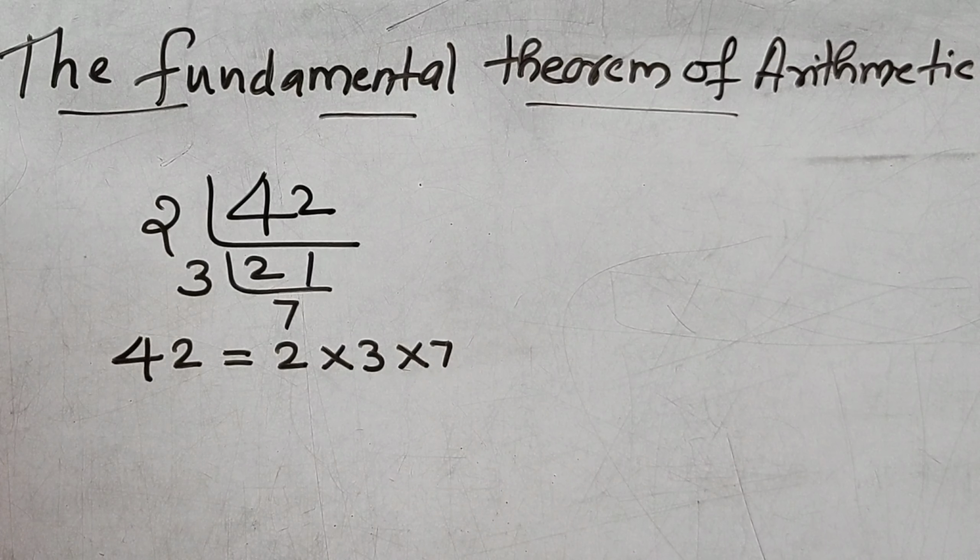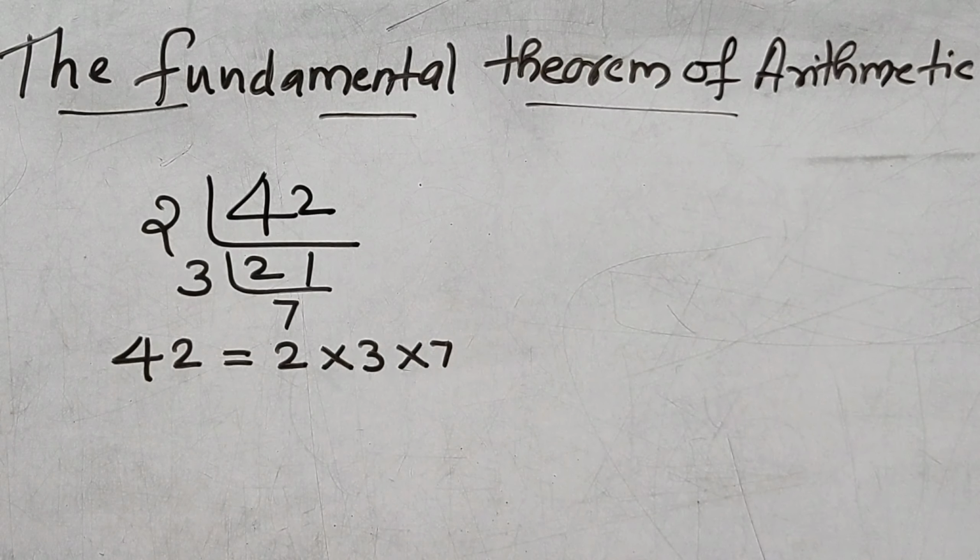That means the prime factorization of 42 is unique, or the prime factorization of a composite number is unique, and we can write these factors 2, 3 and 7 in whichever order we want.